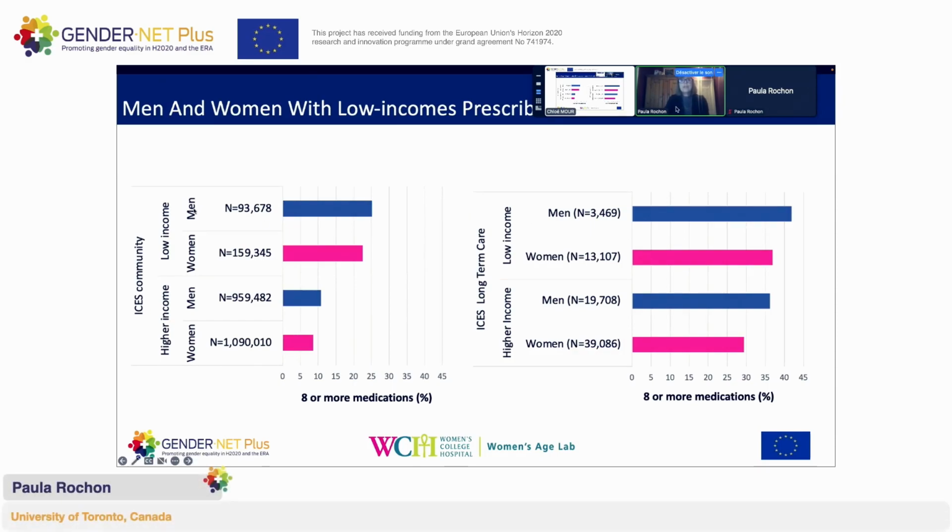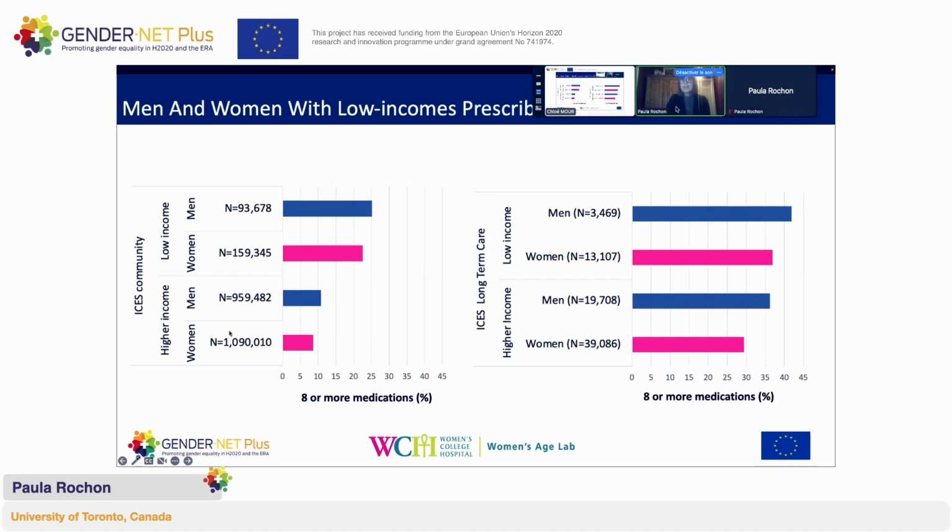And here you can see on this side, this is data that comes from Canada, where we're looking at about 2.5 million older people. And you'll see that this piece over here is data that comes from the community setting. And we look at people who are given 8 or more medications. And we've divided it by those who are higher income and those that are lower income.